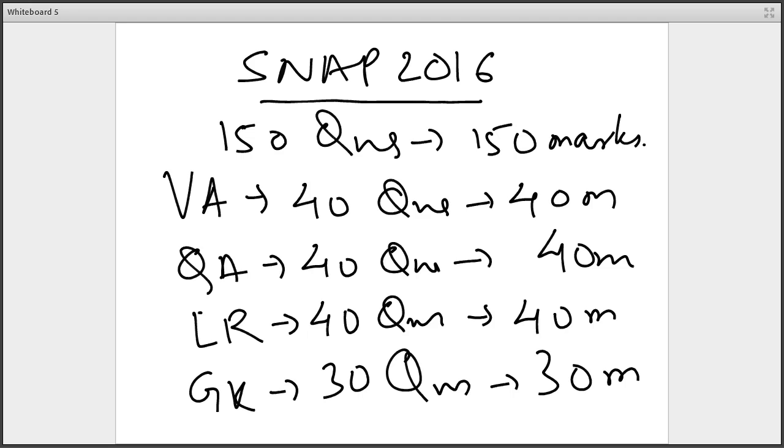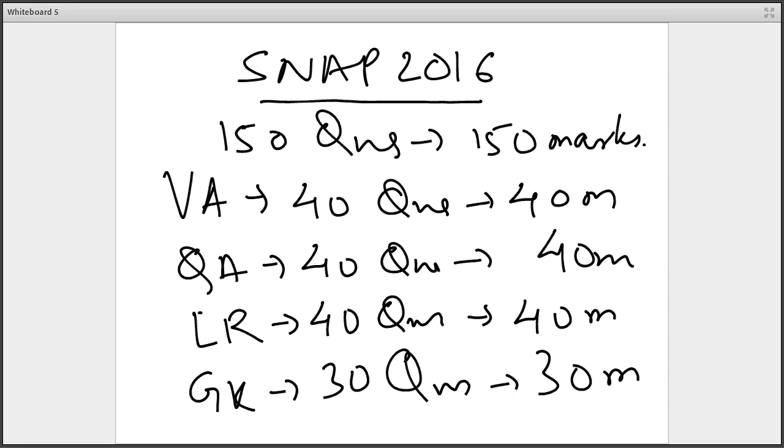Taking 6 to 7 full length mocks, brushing up your GK, giving special time to non-CAT LR topics, speeding up your accuracy and speed in arithmetic, a quick revision of vocabulary with the high frequency Barron's word list, and lastly going through all the idioms and phrases which we have provided you in the idioms ebook.